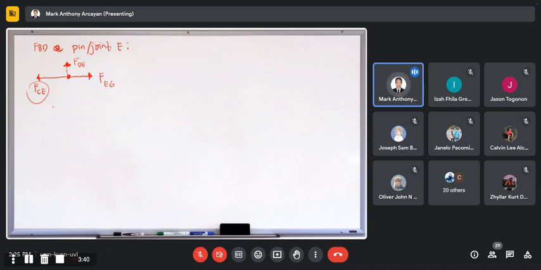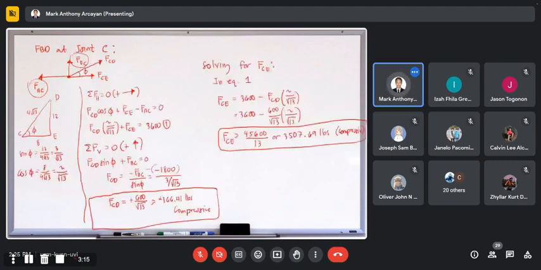Mga vertical o mga horizontal man ang mga forces. Therefore, ma-solve ra. So if we take summation of forces horizontal, that is equal to 0, so positive kung pa-right, we can say that FEG is equal to FCE. Then pila ato ang FCE?